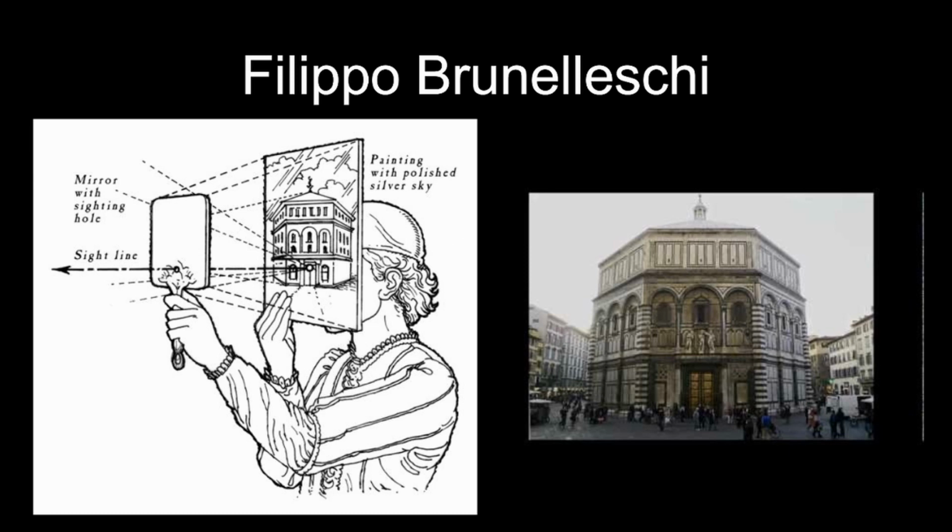There is this chapel, which you can see on the right, and Filippo was trying to build it, but he had a big issue with the ceiling and the roof always caving in, because he couldn't get the math right and couldn't fully understand how this building would work. So he had to go back and study ancient Greek ruins to figure out how to draw one-point perspective so he could accurately plan that building.